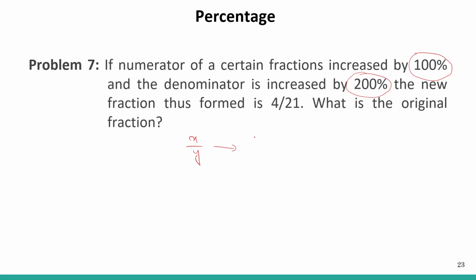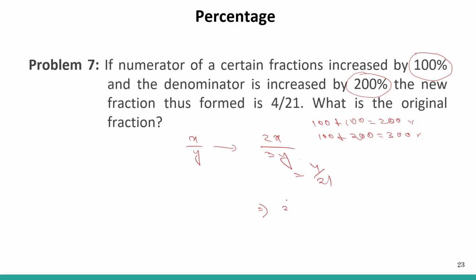The numerator is increased by 100%, so it becomes 200%, as 100 plus 100 is equal to 200. So it becomes 2x. And the denominator is increased by 200%, so 100 plus 200 is equal to 300%. So it becomes 3y. So this is nothing but 4 by 21 as per the given details.